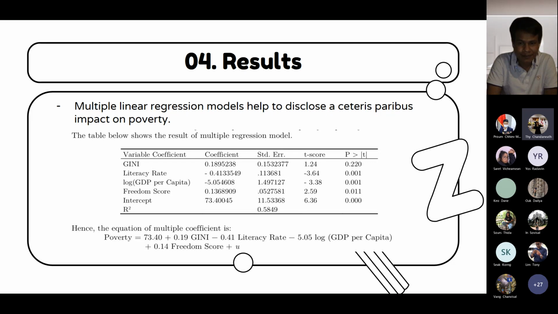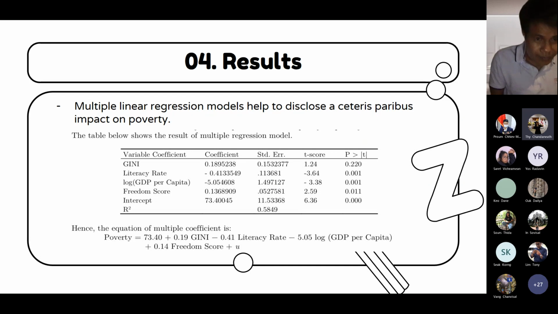Besides, the correlation coefficient of the literacy level is minus 0.41, which means that an increase in the literacy rate in society by 1 point will result in a decrease in the poverty level by 0.41%.